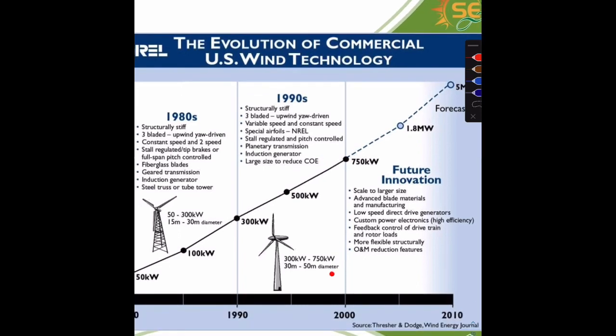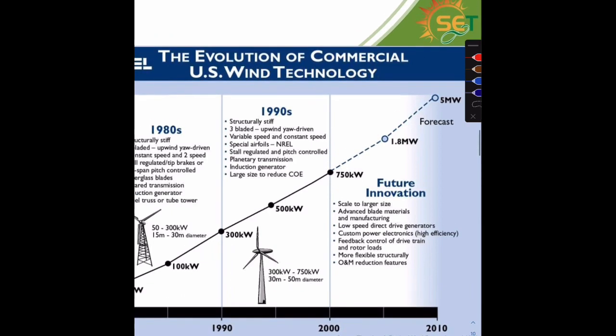Here we have them producing 300 kilowatt to 750 kilowatt with a diameter of 30 meters to 50 meters.